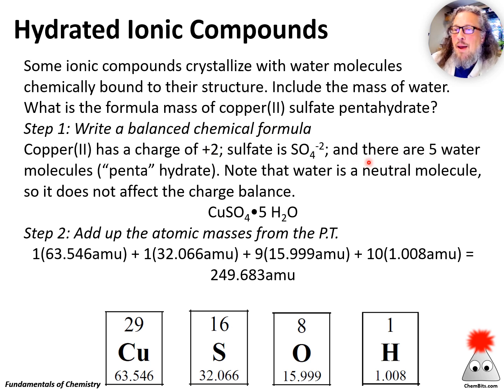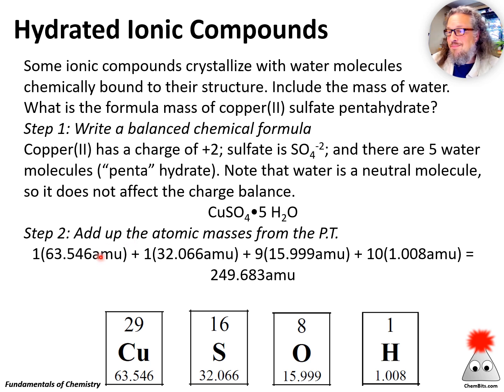And pentahydrate, penta 5, hydrate waters, so 5 waters in my chemical formula. And water is a neutral molecule, so it doesn't matter how many there are, it doesn't affect the charge balance, but the number is a very specific number when we're working with that. So copper sulfate, +2 -2, pentahydrate, 5 waters.